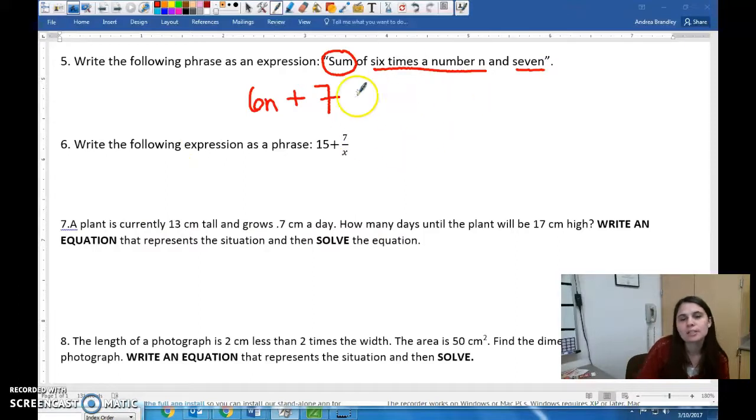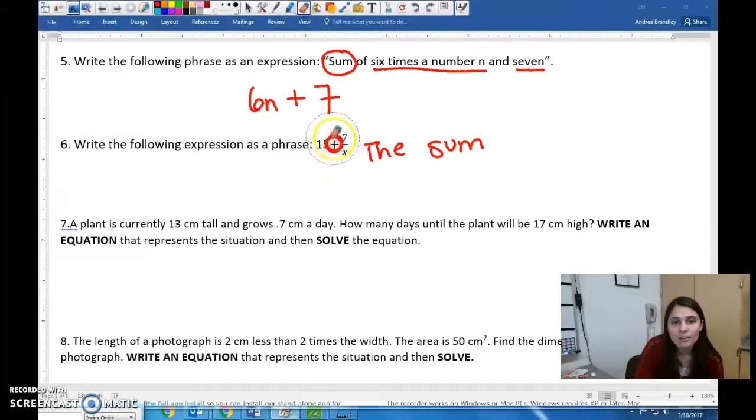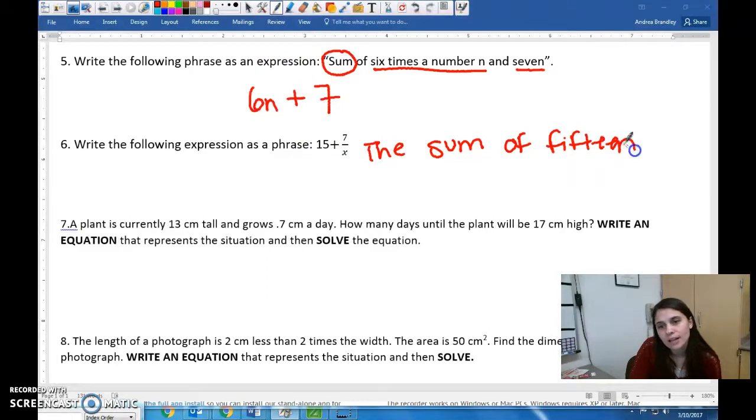So then I'm going to use this same pattern in order to write number 6 as a phrase. So I'm going to start by looking at the main thing that's happening, which is this plus right here. So I'm going to start with the sum. And it's the sum of the 15 and the 7 over x. So I'm going to start with the sum of 15 and 7.